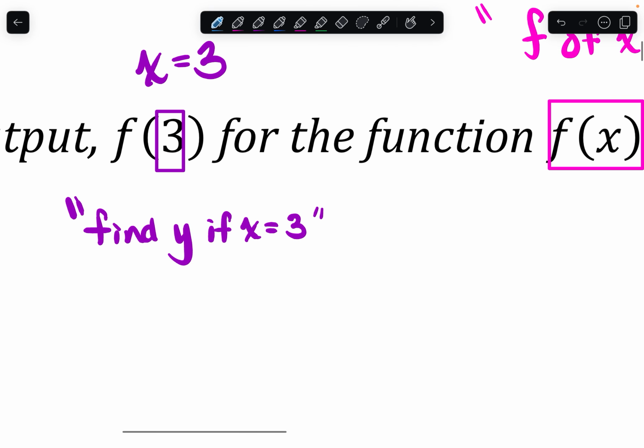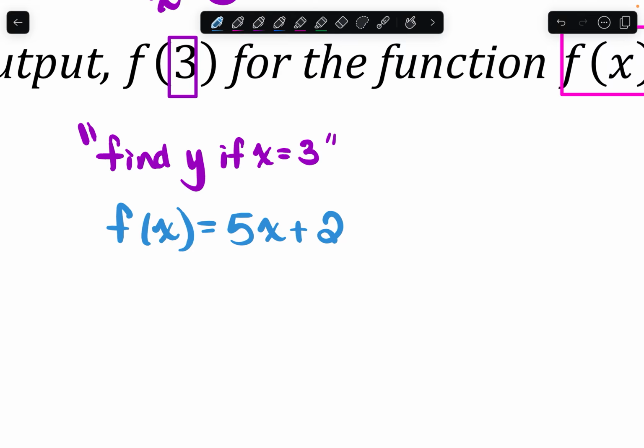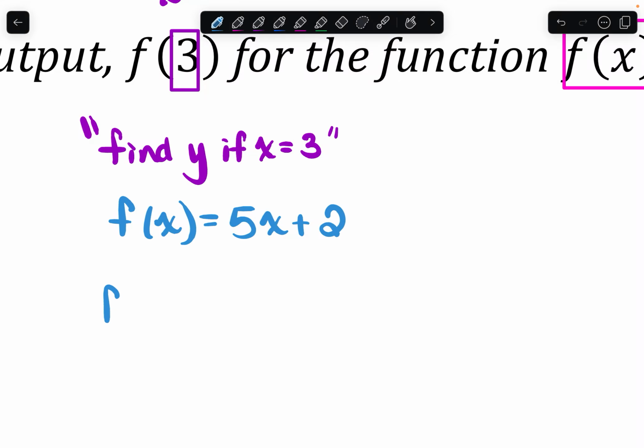We were told f of x is 5x plus 2. I'm just going to copy it here. So f of 3, remember, find y when x equals 3. We're essentially just plugging in 3 for x and then simplifying.